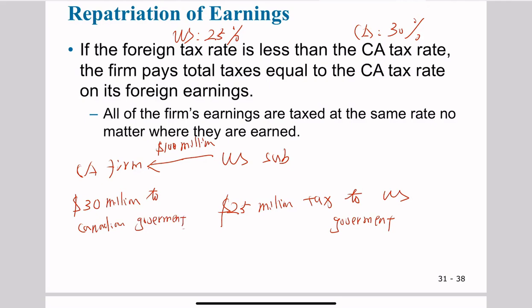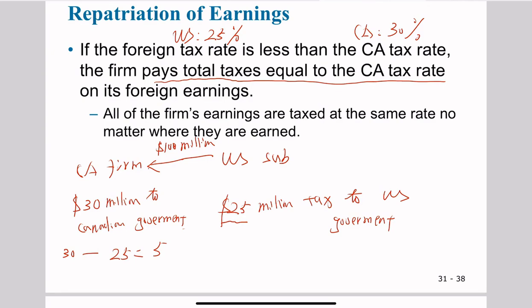Because we know that the firm needs to pay total tax equal to the Canadian tax rate. However, the firm will get this $25 million of tax credit, which means in the end, the net tax liability to the Canadian government should be $30 million minus $25 million, right? So $5 million to the Canadian government.